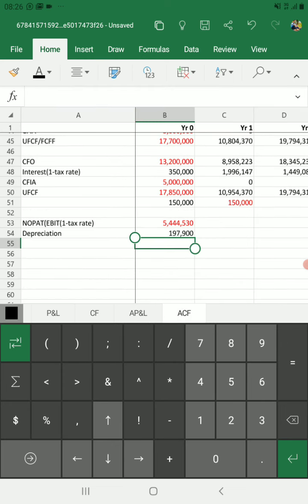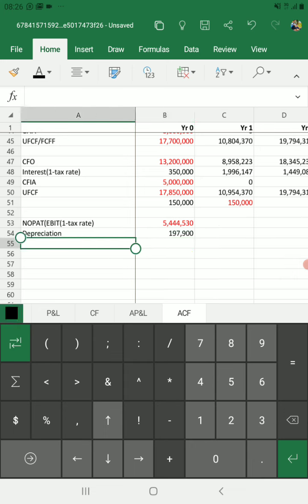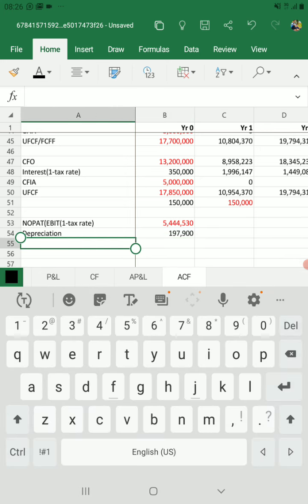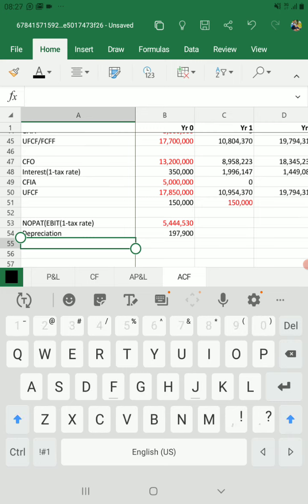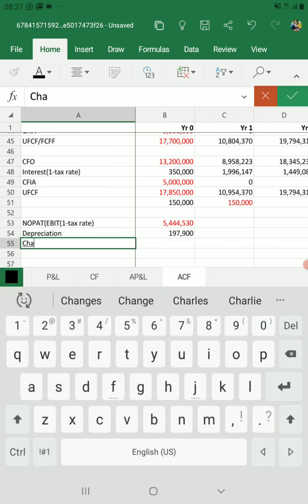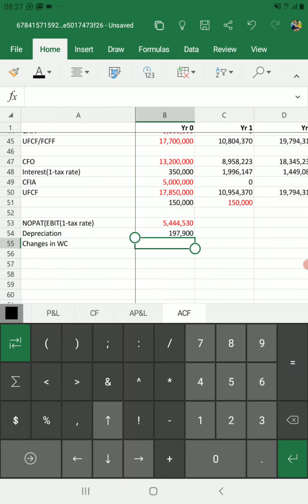Press enter, and then we need to adjust for changes in working capital components, because as I said, net income is established using the accrual basis, and we want to move from cash flow from operation reported using the accrual method to cash flow from operation using the actual cash.